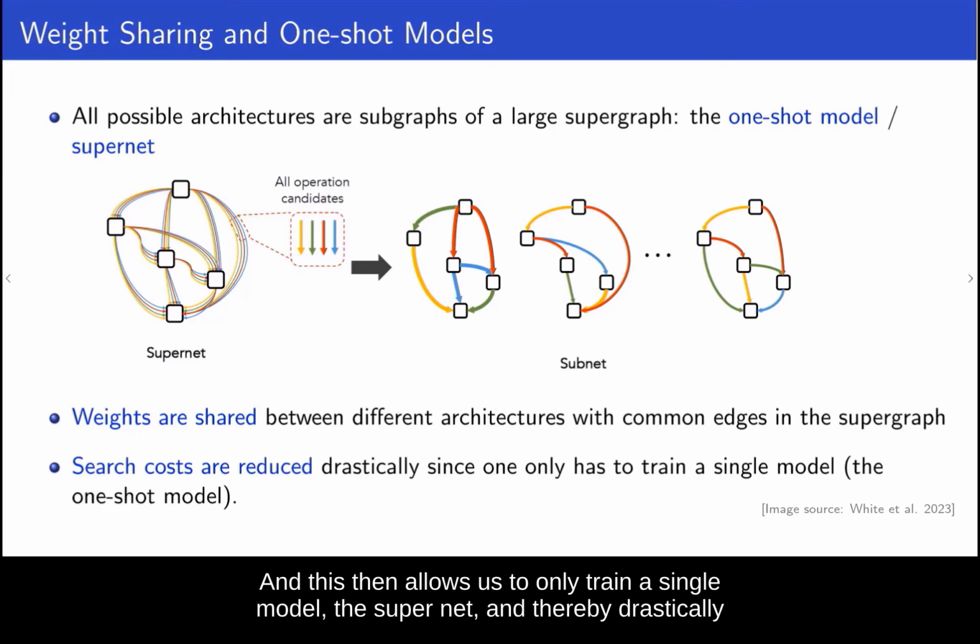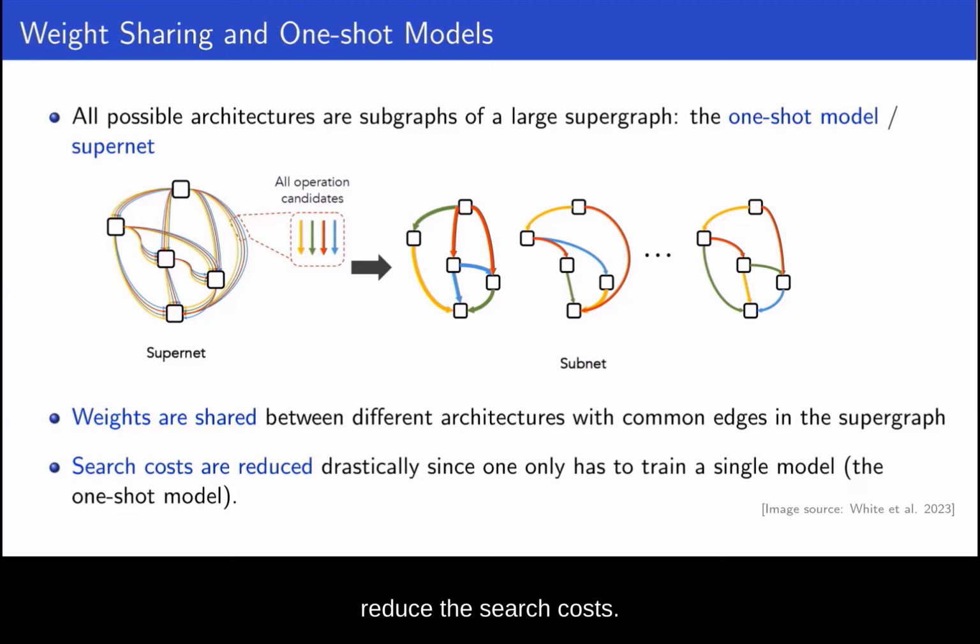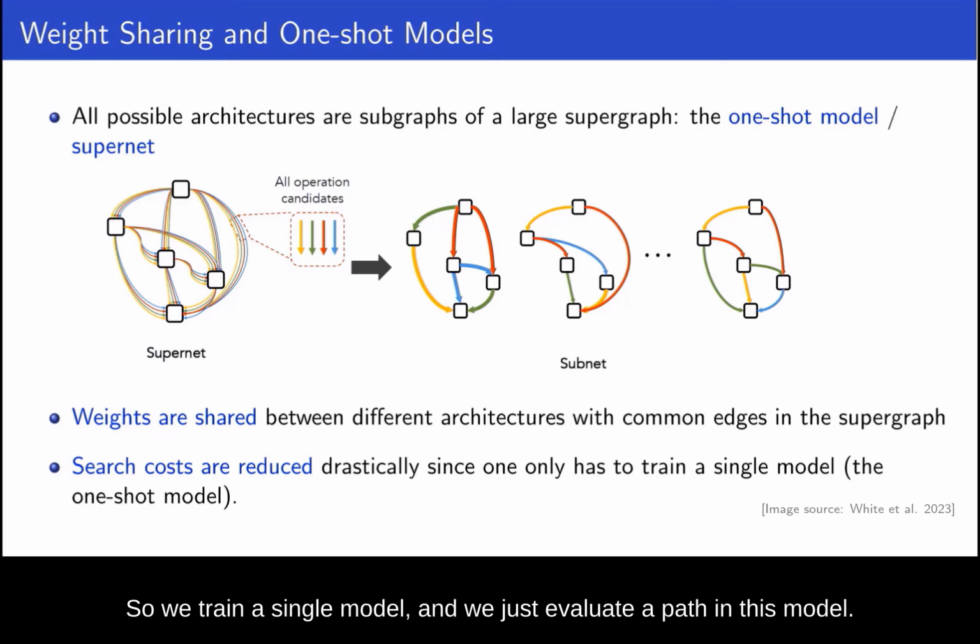And this then allows us to only train a single model, the supernet, and thereby drastically reduce the search costs. Basically, we train a single model and we just evaluate a path in this model.